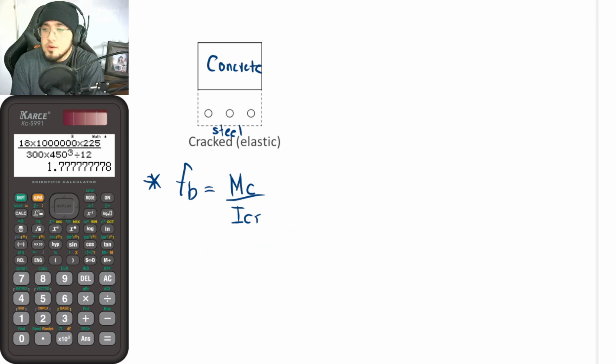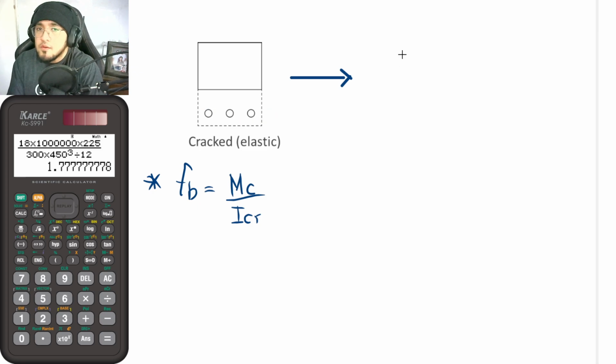So in order for us to make use of this equation, we must first convert this section into its equivalent area. What I mean here is that I would now be converting our steel section, or steel rebars, into its equivalent concrete area. From that, it would now look like this.